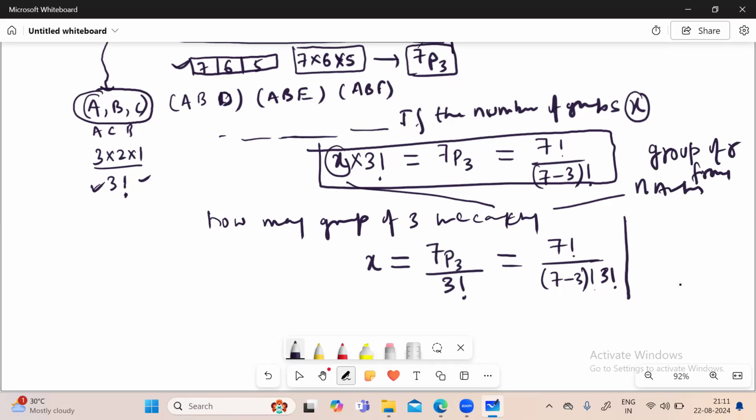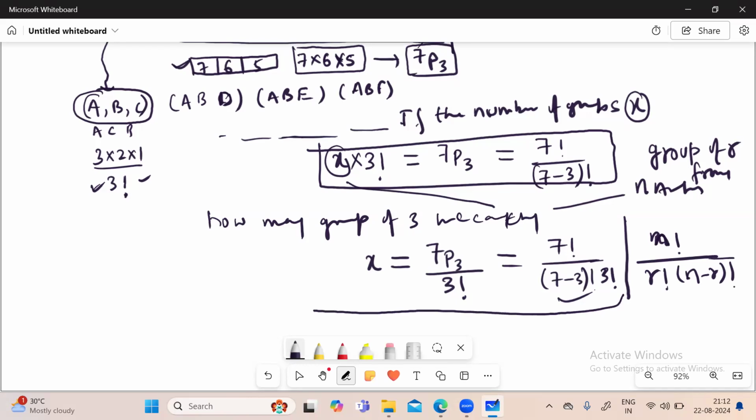So how will I generalize it? n factorial divided by r factorial into n minus r factorial. You can write any term. यहाँ पे मैंने 7 minus 3 लिखा था. So n factorial divided by r factorial into n minus r factorial.